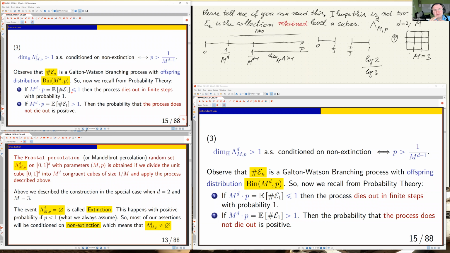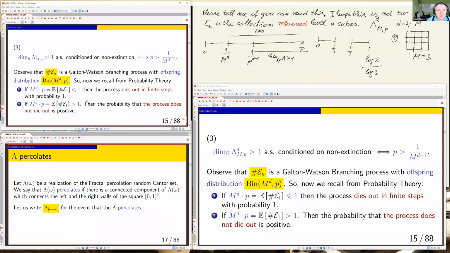So it can survive if it is equal to 1 only in a trivial case. So in this non-trivial case, if the expected number of children is not more than 1, then it dies out in finitely many steps with probability 1. So the interesting case is only when p is bigger than 1 over m to the power of the dimension minus 1, as it is written over there.